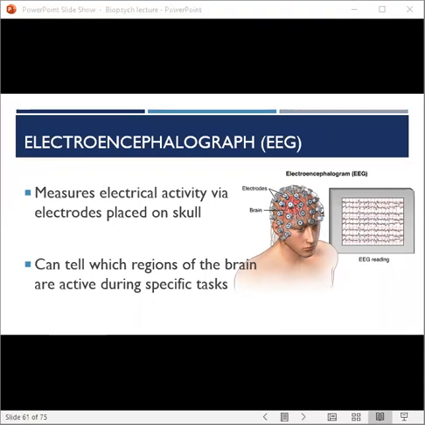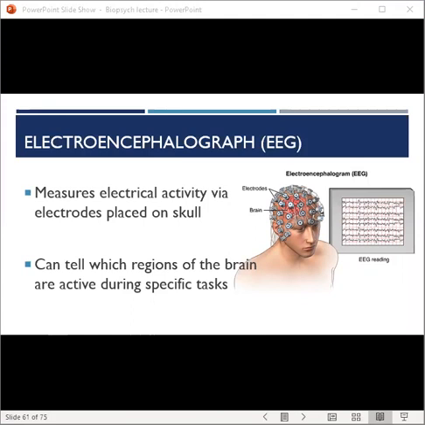As you can see in the picture on the left, small flat metal discs called electrodes are attached to the skull with wires. These electrodes then analyze electrical impulses in the brain and send the signals to the computer where the results are recorded. The electrical impulses in the EEG produce a chart that looks like wavy lines with peaks and valleys, sort of squiggles.